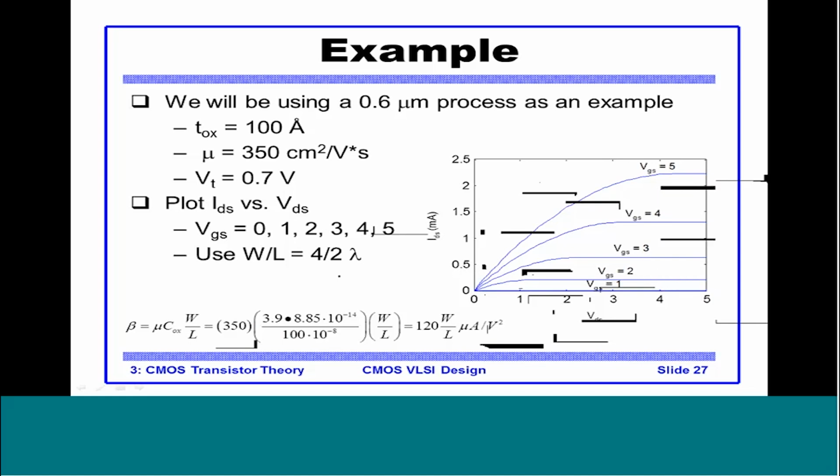As VGS keeps increasing, the current also keeps increasing and remains linear until the boundary where VDS is equal to VD sat. For a particular VGS, if we start increasing drain voltage, the current becomes constant since VGS is fixed. In the saturation region, ID does not depend on VDS, so current becomes constant with increasing value of VDS.